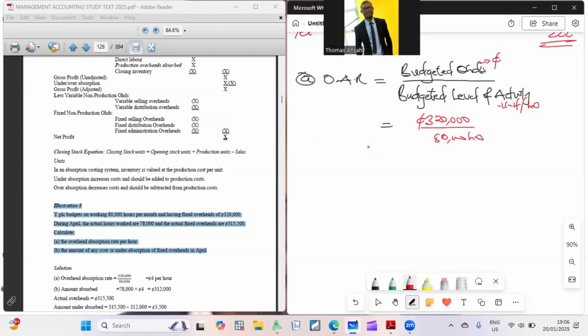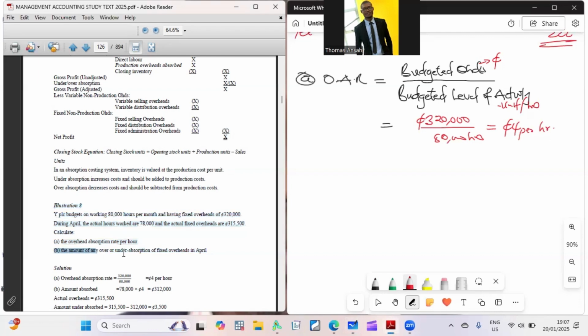So you have to read into it. Now, 320 divided by 80 is 4, so that would be 4 cedis per hour. Sometimes the level of activity can be in units, so read the question well and pick one. So we have done our overhead absorption rate. The A part is answered.